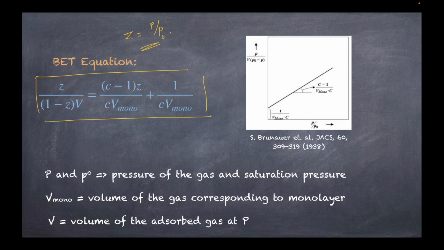Capital V is the volume of the adsorbed gas at pressure P, and V mono is the volume of the gas corresponding to the monolayer, that means the volume corresponding to the monolayer coverage. Small c is a constant. P is the pressure of the gas, and P0 is the saturation pressure.